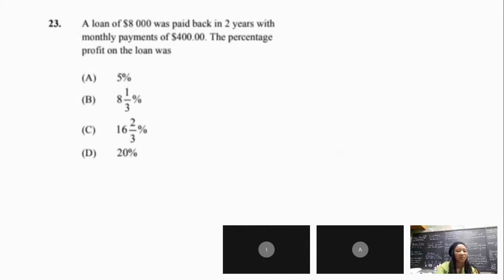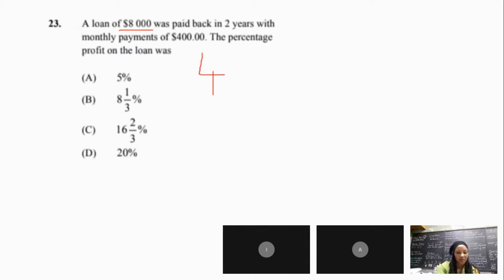Number 23. A loan of $8,000 was paid back in 2 years with monthly payments of $400. The percentage profit on the loan was... So $8,000 was borrowed and it was repaid in 2 years monthly. So 2 years is 24 months.